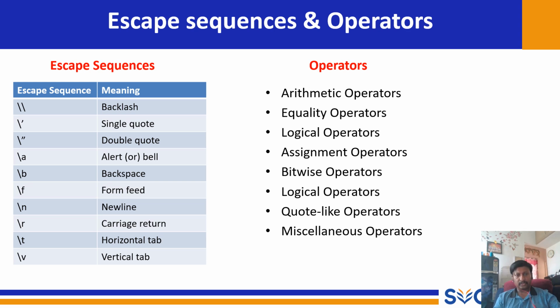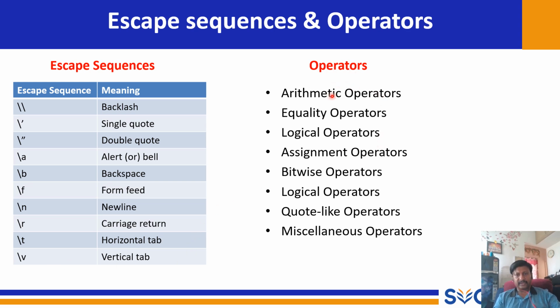A slash with a single quote is a single quote, and a slash with a double quote is a double quote. Slash A is for alert or bell, slash B for backspace, slash F for form feed, slash N for new line, slash R for carriage return, slash T for horizontal tab, and slash V for vertical tab.